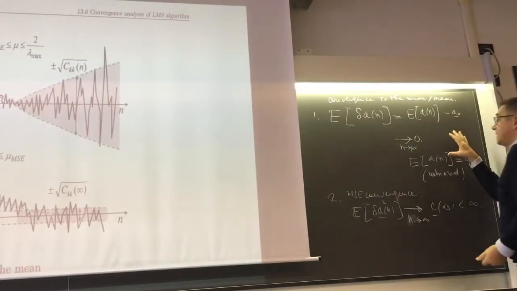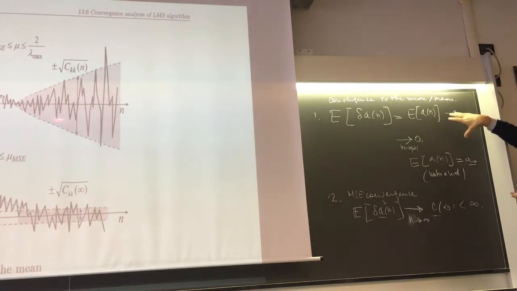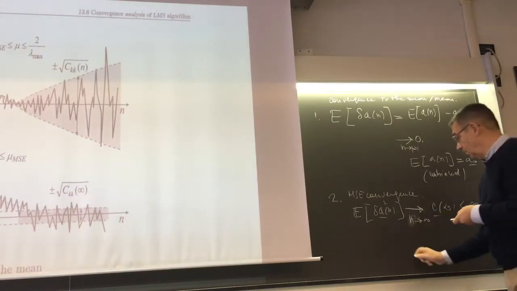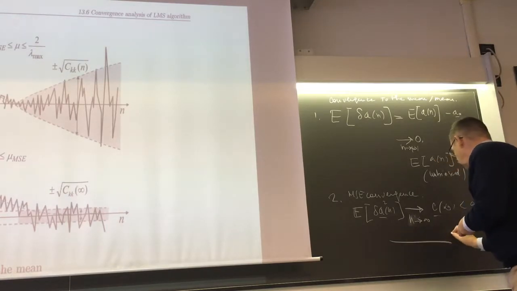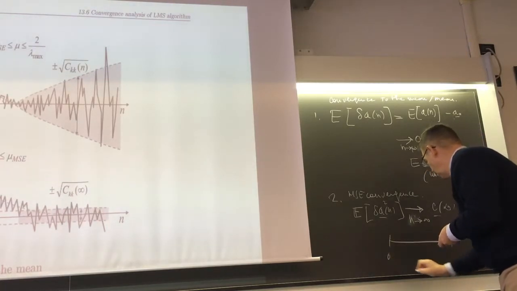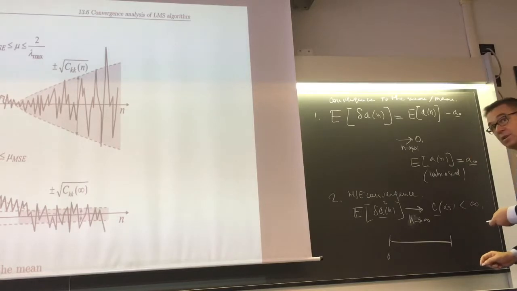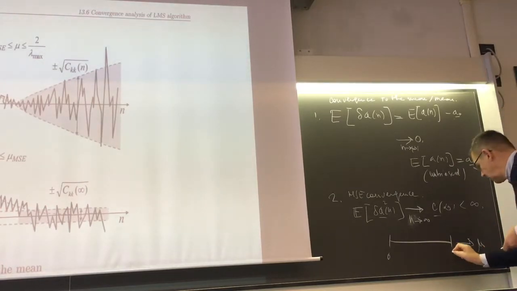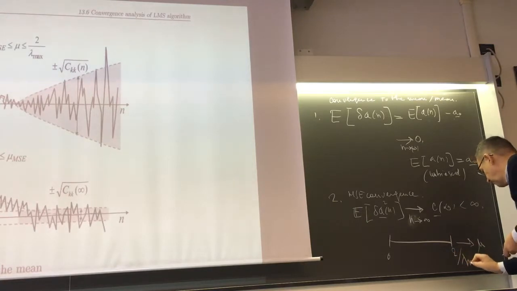In other words, look at this picture. This one is saying I converge in the mean here, but not in the mean square. I'm not saying anything about the variance. The second one is I converge in the mean square, and now we see that this is more restrictive. So the range of mu should be bigger than 0. This is the mu axis. This is 2 over lambda max.